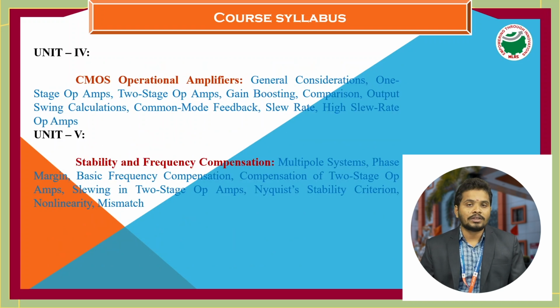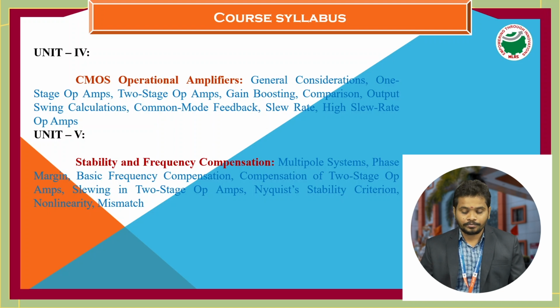And unit 4 is CMOS operational amplifiers. By using CMOS devices, how can we develop operational amplifiers? By using CMOS technology, we can develop operational amplifiers rather than with other MOSFETs. And what are the advantages, and what are the general considerations while fabricating CMOS operational amplifiers?